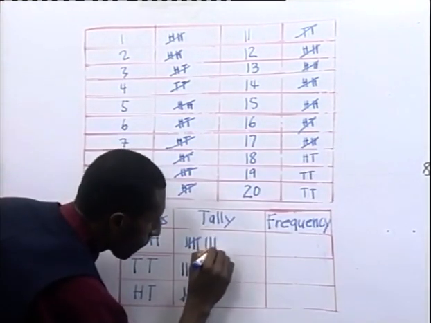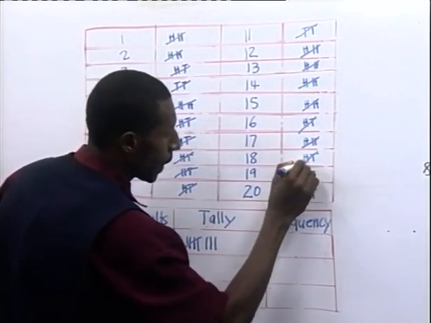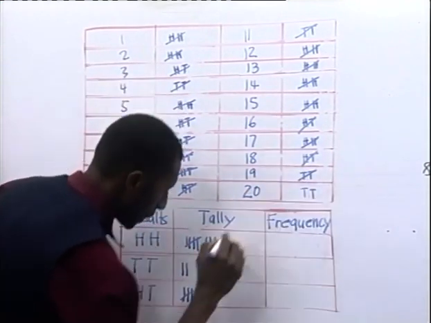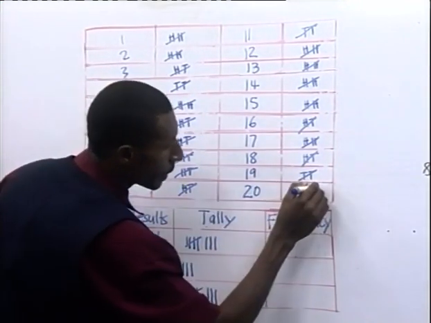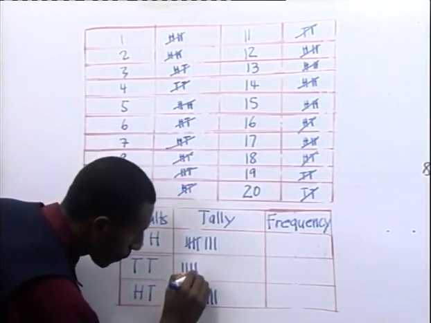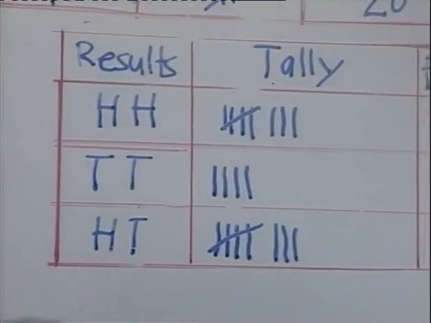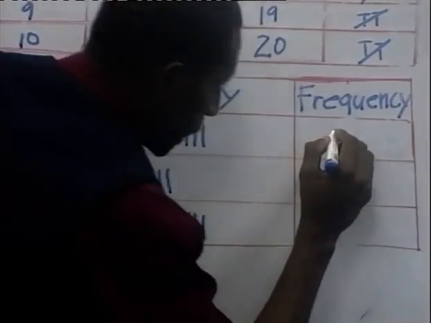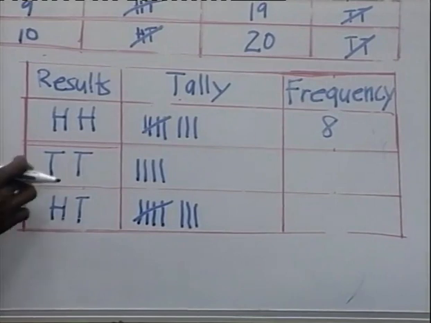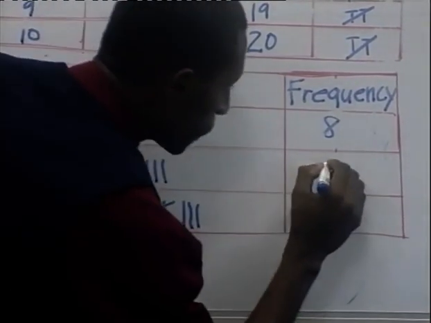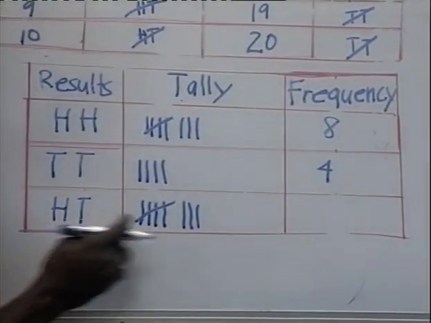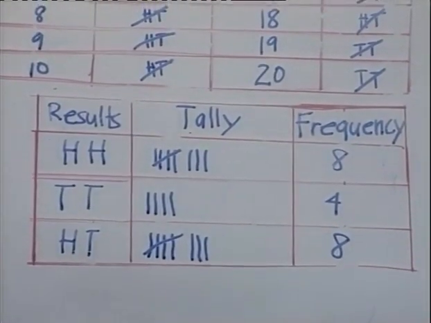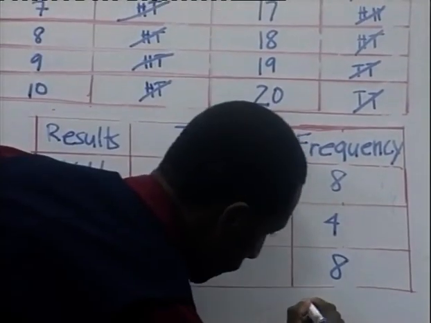Head, head. Head, tail. Tail, tail. And tail, tail. What is the frequency for head, head? 8. What is the frequency for tail, tail? 4. And head, tail, 8. Total of what? 20.